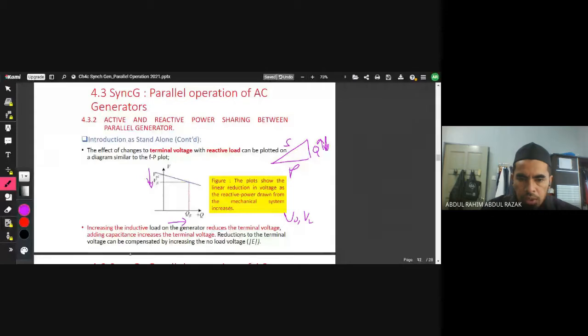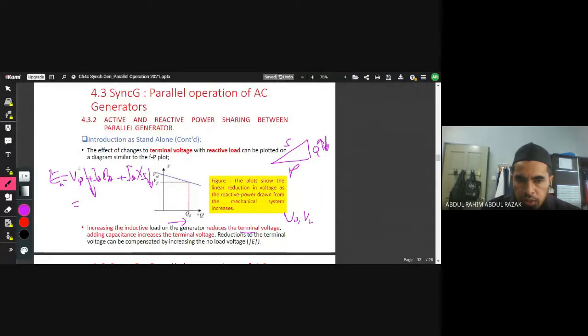Reduction of the terminal voltage can be compensated by increasing the no load voltage. From the equation we have done before, EA equals V phase plus IA RA plus IA XS. So what happens if our terminal voltage drops?